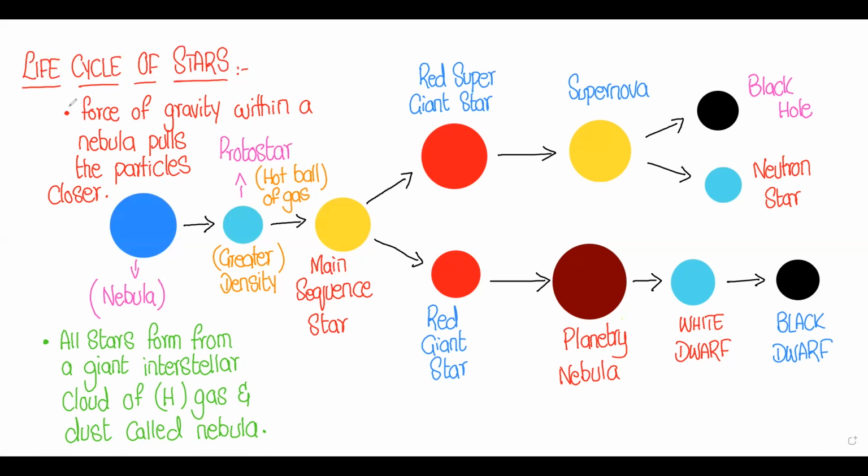Yes, sir. So this is the second part and this is the first part. And for the other parts, next we have the main sequence star. If we talk about the main sequence star, that is the third stage.